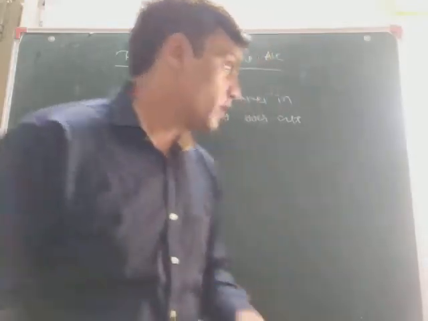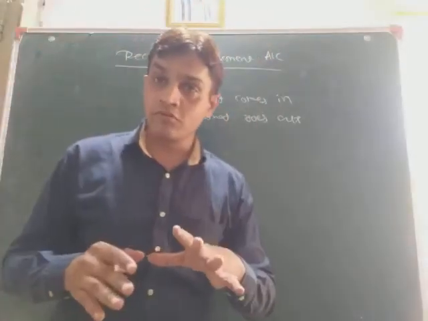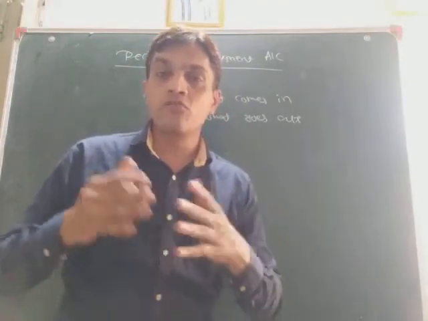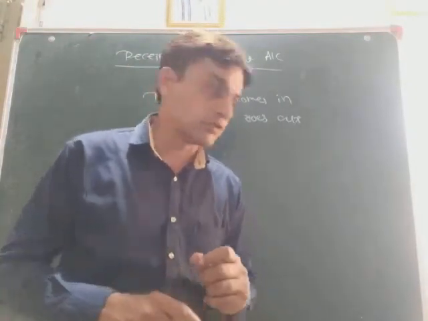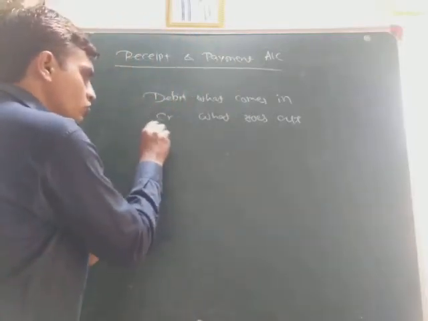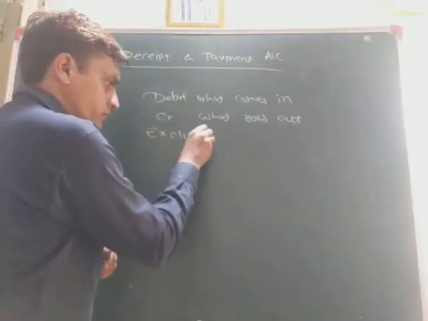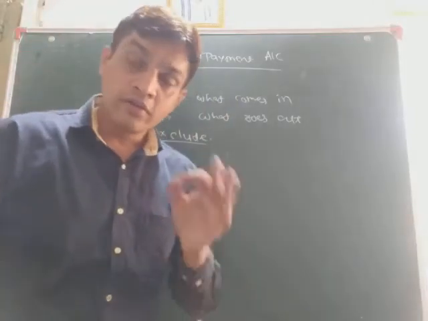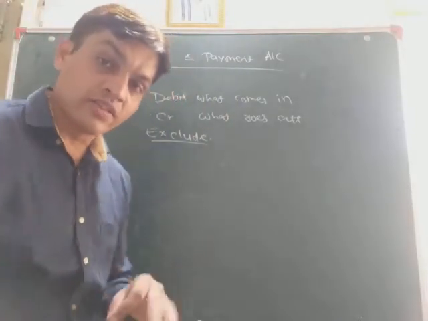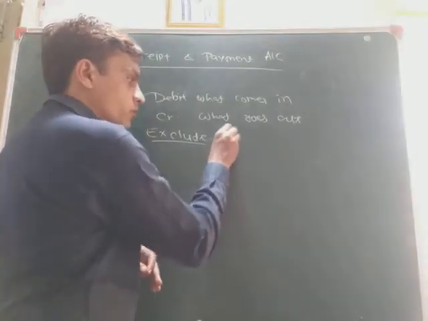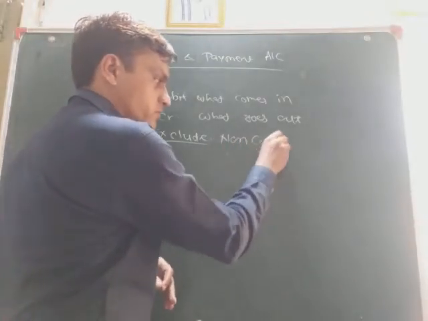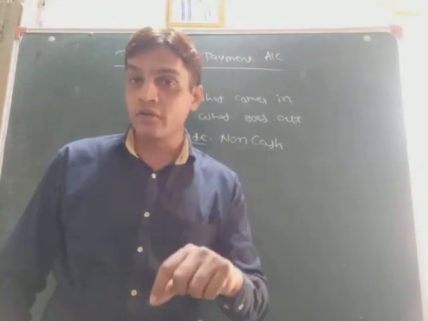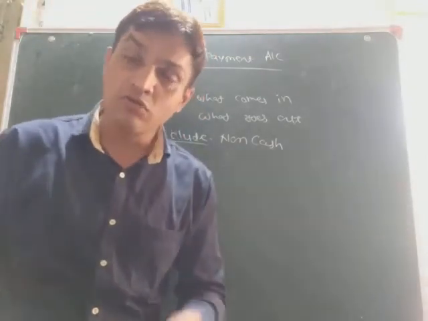Now, what steps we have to keep in our mind, and what to exclude and what to include, that we will learn about. What to exclude, first of all I will tell you. Exclude means not to record. Which transactions not to record in this receipt and payment account? Non-cash transactions. And what to record?